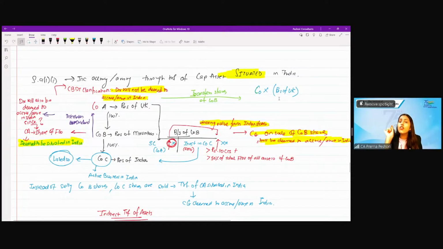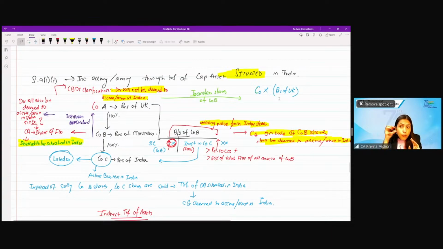Transactions in respect of goods, services or property, if the value exceeds rupees 2 crores, including the download of data or software. Second, continuous soliciting or interaction with at least 3 lakh users. Then SEP is constituted. In both cases, business connection or SEP, only the income attributable to the operations carried out in India will be taxed or deemed to accrue or arise in India.